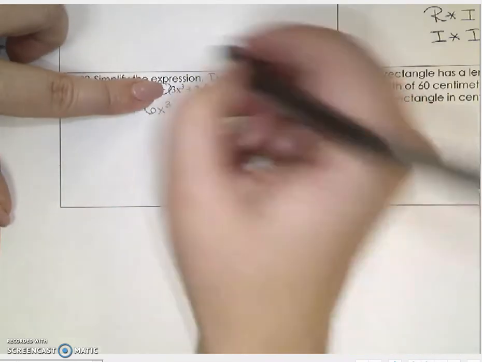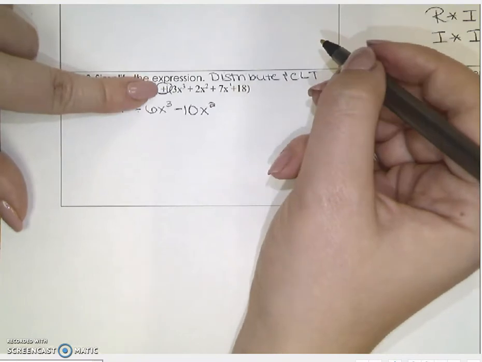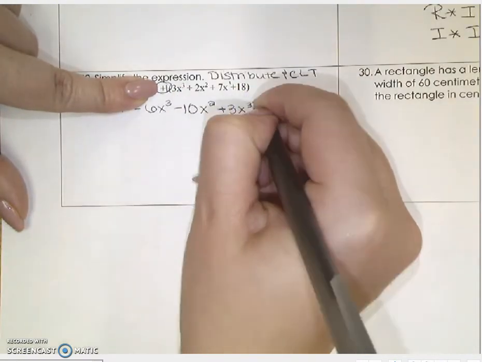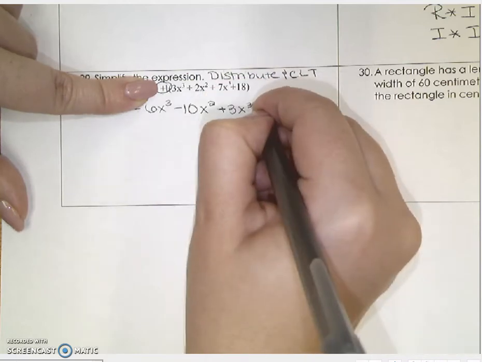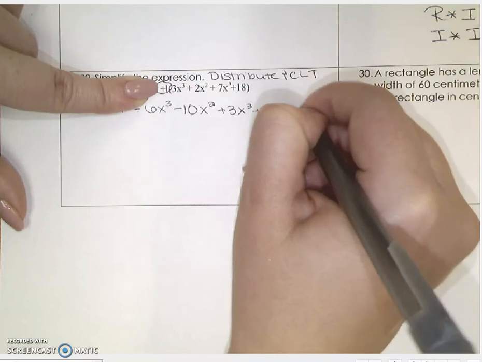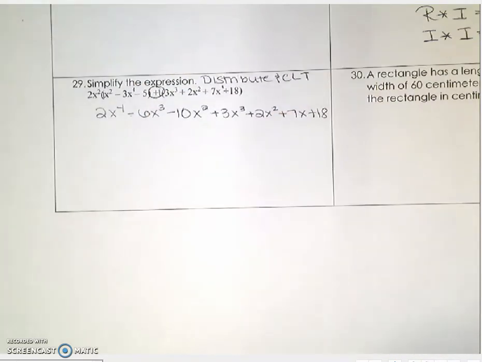Now I'm going to distribute a positive 1 to everything in the parentheses that follows it. So 1 times 3x cubed is 3x cubed. 1 times 2x squared is 2x squared. 1 times 7x is 7x. And 1 times 18 is 18.